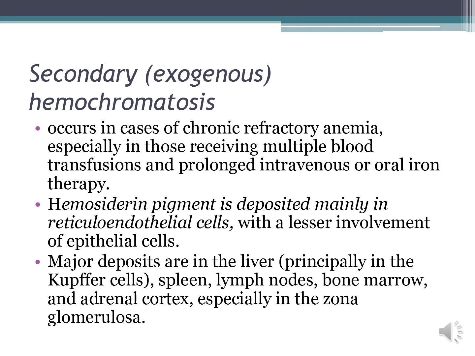Hemosiderin pigment is deposited mainly in reticuloendothelial cells with a lesser involvement of epithelial cells. Major deposits are in the liver, principally in the Kupffer cells, in spleen, lymph nodes, bone marrow, and adrenal cortex, especially in the zona glomerulosa.